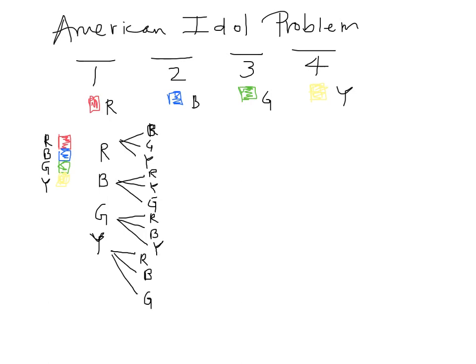And then from here, think about this. If it was red and blue, then the only two things left now are green and yellow. And that would be how you could write all your tree diagram. I'm not going to write the whole thing.